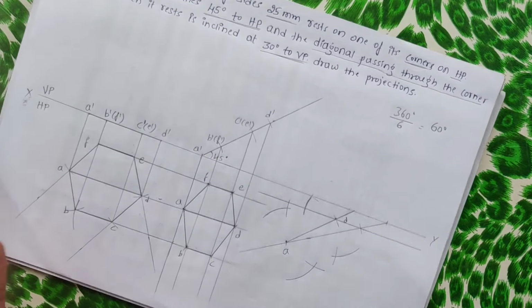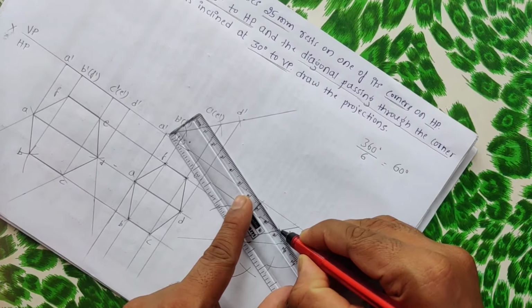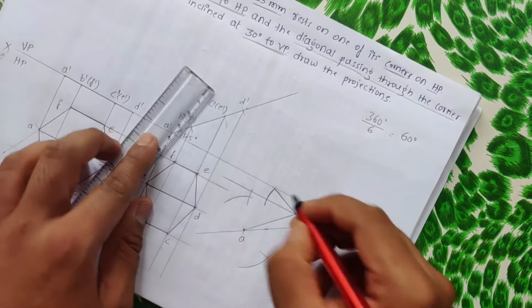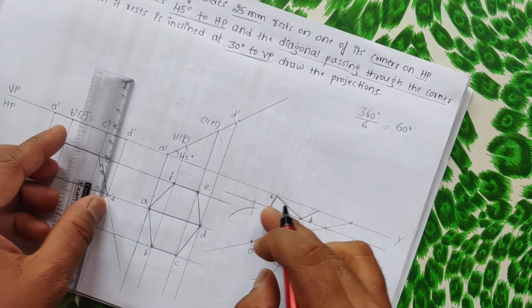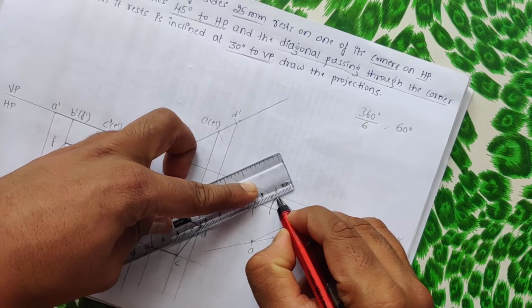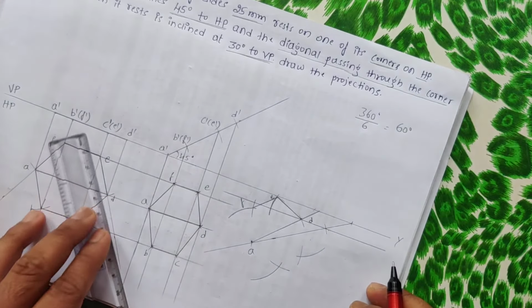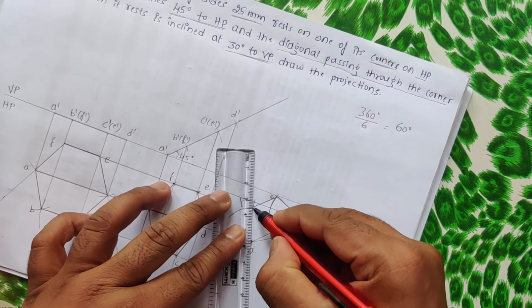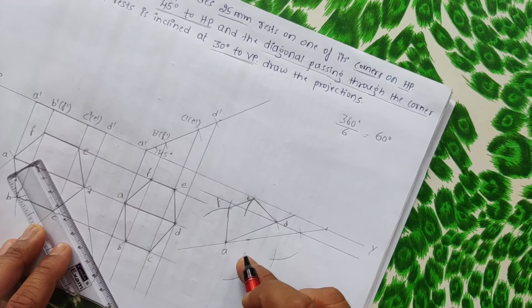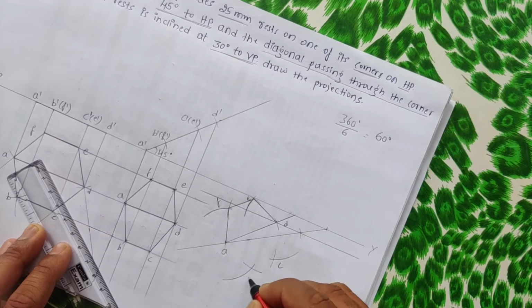So now join all the points A to D. So first D to E, and then this is my point E. Okay, and then E to F. This is my point F. Okay, and now from F to A. Here this is my C and this is my B, right?